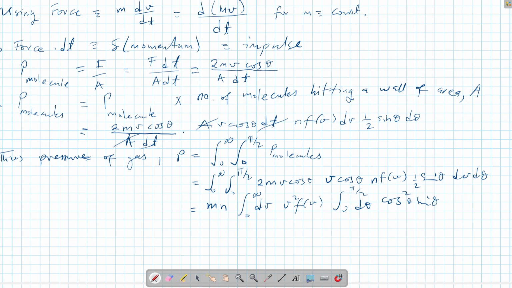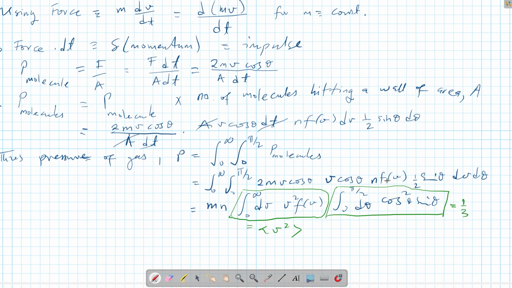Again, one can see that this is sort of average speed squared, what we have done earlier, and one can check that this integration is going to be equal to 1 over 3.